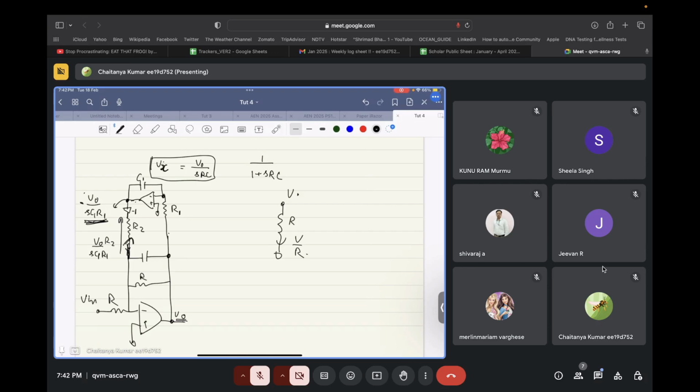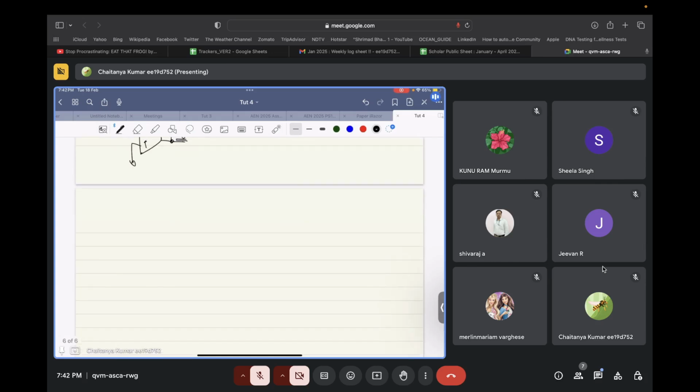Okay. And how do you get a gain of -1? What do you do to get a gain of -1? So basically you have studied about the inverting amplifier, right?